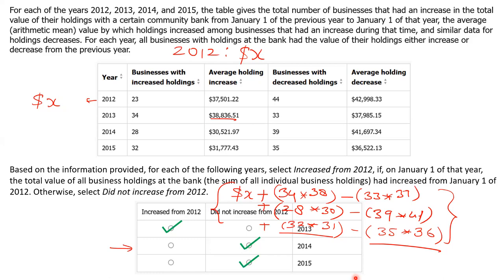So which means we are again lesser than what we were in 2012. Are we clear? So if you look at it, just a bit of observation helps. There is really no calculation needed, honestly. Any doubt here, guys? Any doubt?